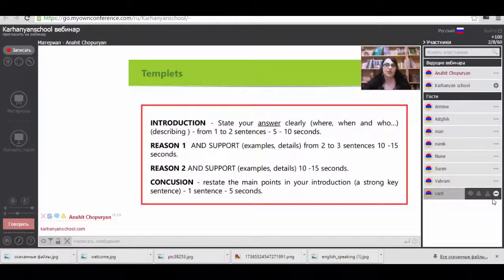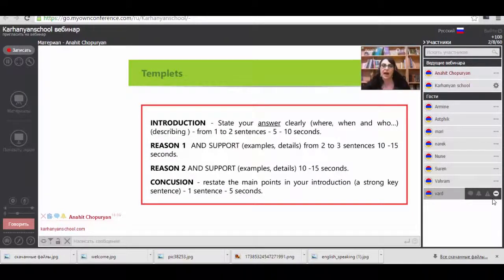After that, you must go to the details and give the reasons and support the reasons, why you chose that specific answer. You must give some examples, some details, from 2 up to 3 sentences, and this may take from 10 up to 15 seconds.